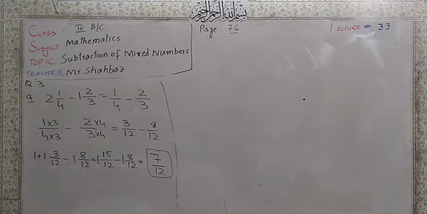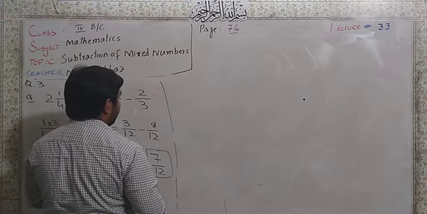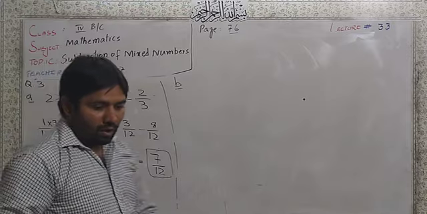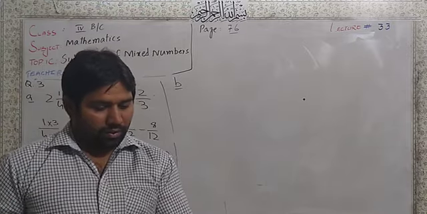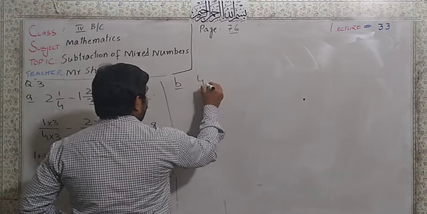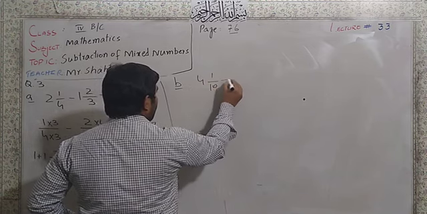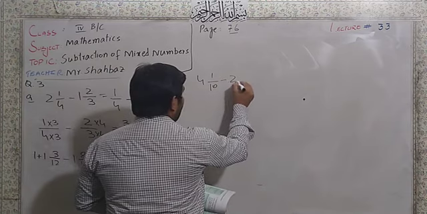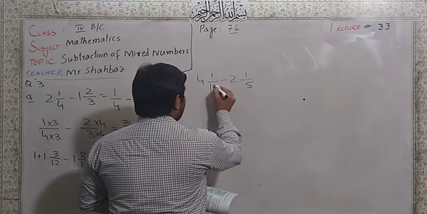Okay, dear students, part B. Part B is 4 whole 1 over 10 minus 2 whole 1 over 5.